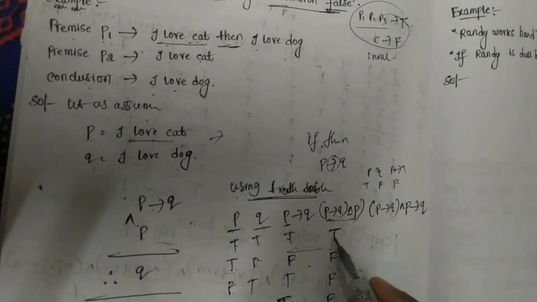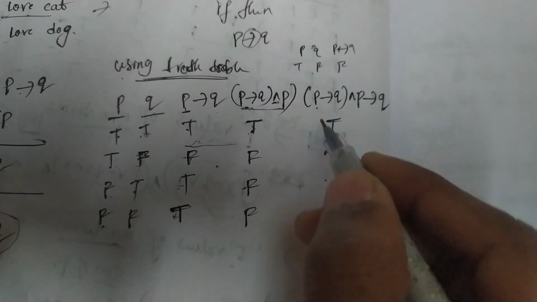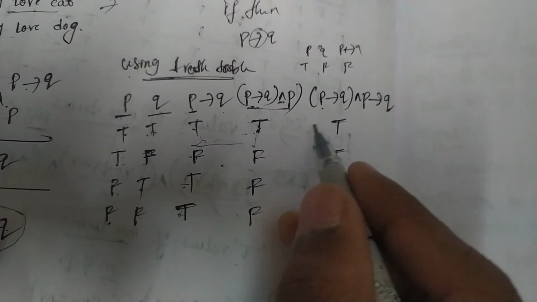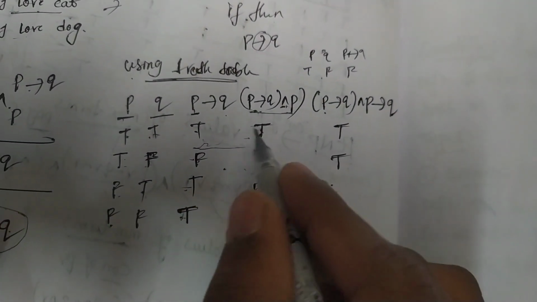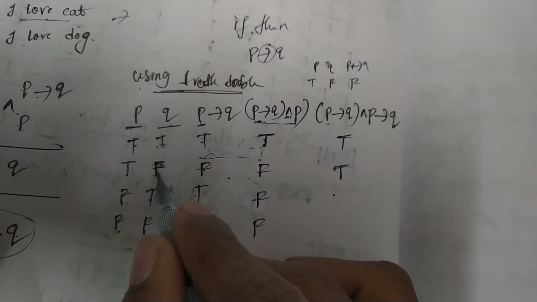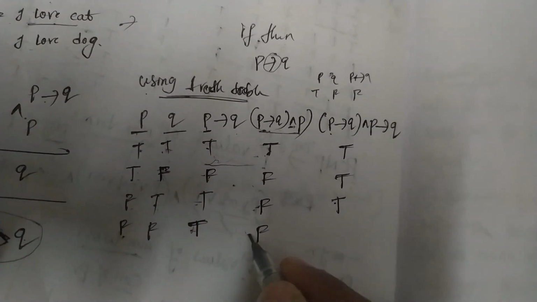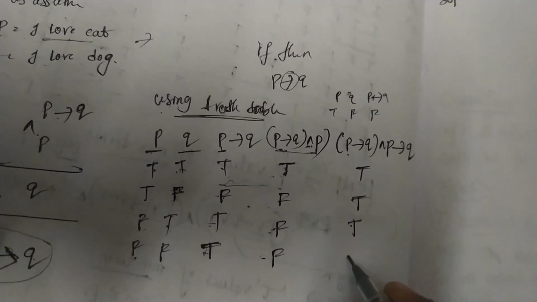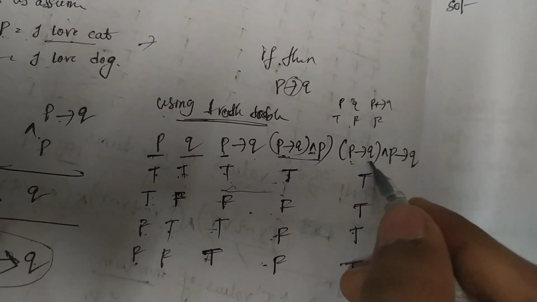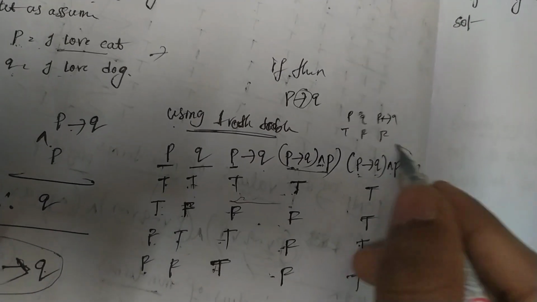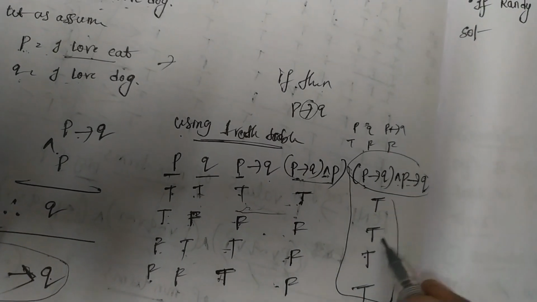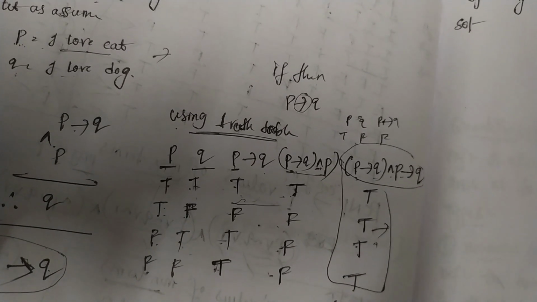In implication, if P is true and Q is false, then the whole statement is false. We know that. Here true implies true is true. True implies false is false. False implies true is true, and false implies false is true. So in the truth table of P implies Q and P, implication Q, we have all values true only. So it is a tautology.